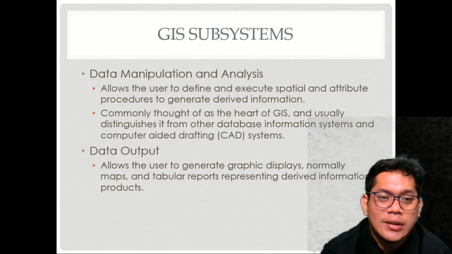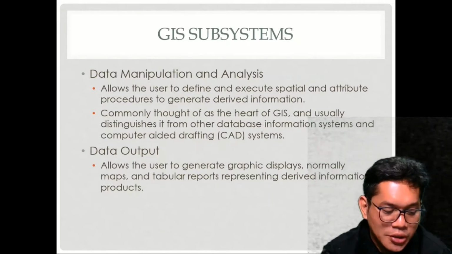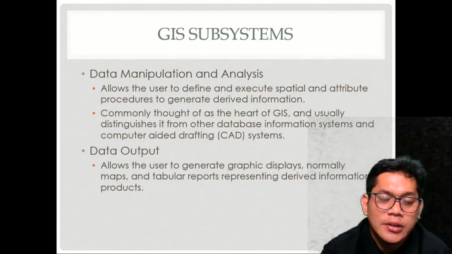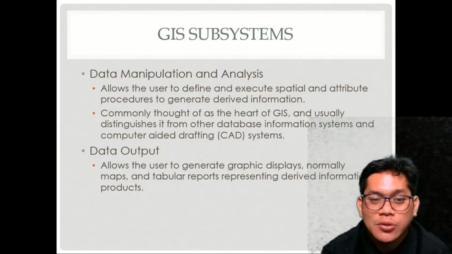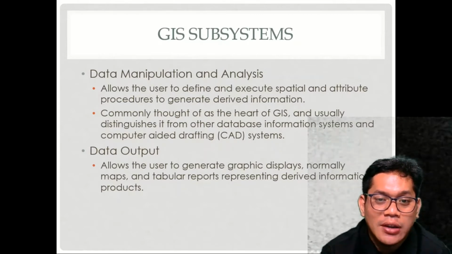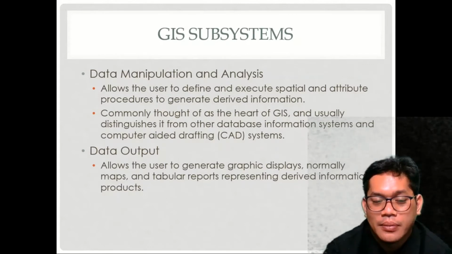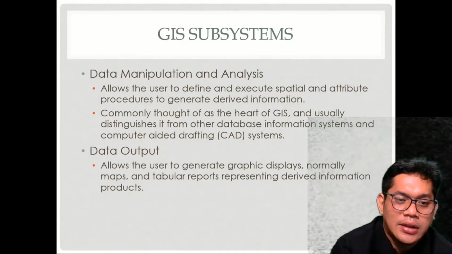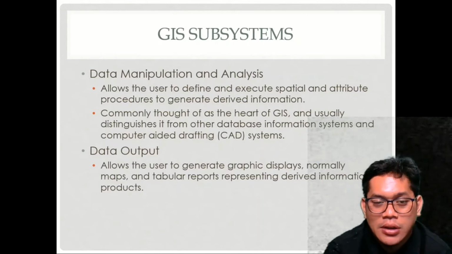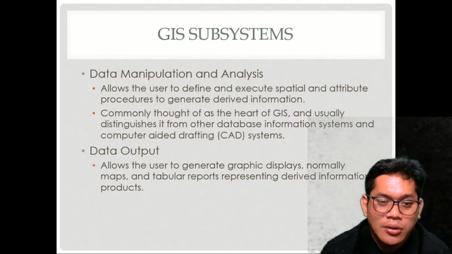For data manipulation and analysis, the system allows the user to define and execute spatial and attribute procedures to generate derived information. This is commonly thought of as the heart of GIS, where other systems would not have this kind of analysis to manipulate the data. And data output, the last one, allows the user to generate graphic displays, which are maps or reports.